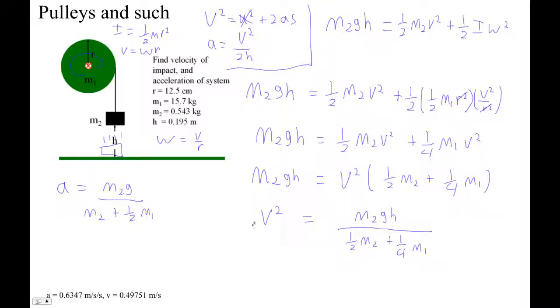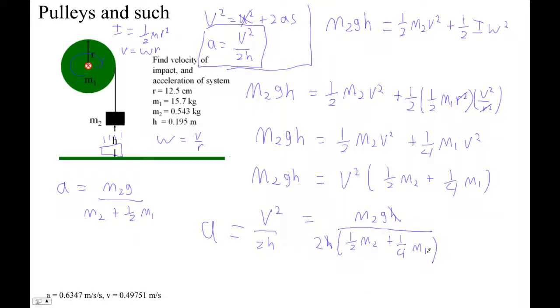I know I could. But let me show you how to get the acceleration. Remember, acceleration is just from suvat, it's just v squared over 2h. So let's divide both sides by 2h, and we'll have the acceleration. If I take this and divide by h, well, that's easy. The h goes the way of the bison.